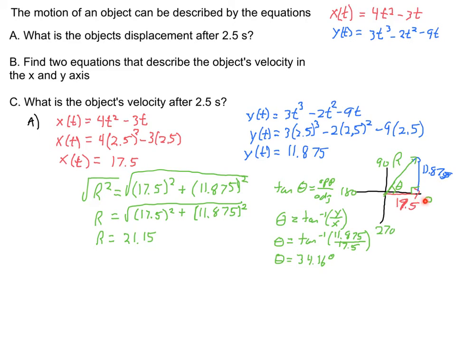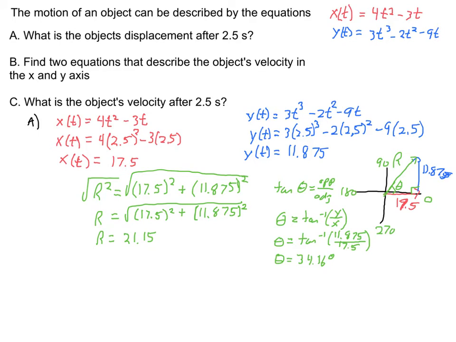The x-axis is 17.5, longer than the y-axis, 11.875, meaning that if the x is bigger than the y, opposite over adjacent, y over x, I should end up with an angle less than 45 degrees. If the y-axis is bigger than the x, I'll end up with something above 45 degrees.